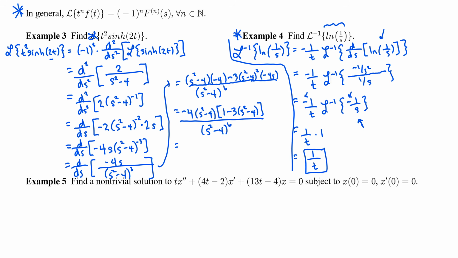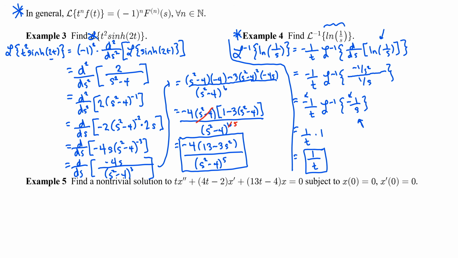Okay, let's go ahead and do that in red. I'm going to cancel this, make that a 5. So we have negative 4 times, inside brackets there, we have 1 minus 3s squared plus 12. So let's call it 1 plus 12 is 13 minus 3s squared over s squared minus 4 to the 5th power. And that's a done deal.